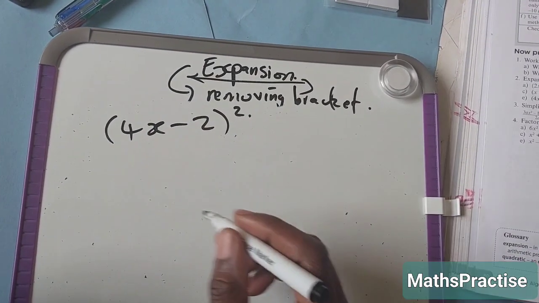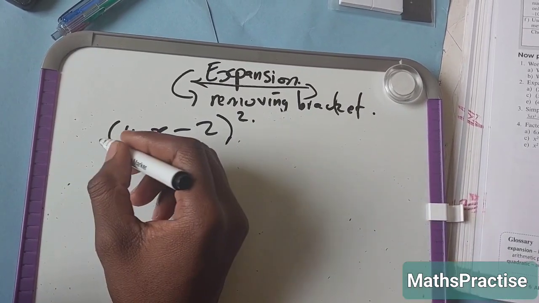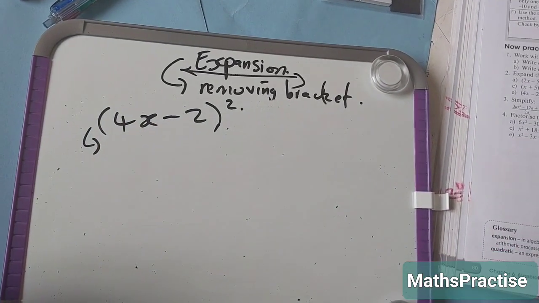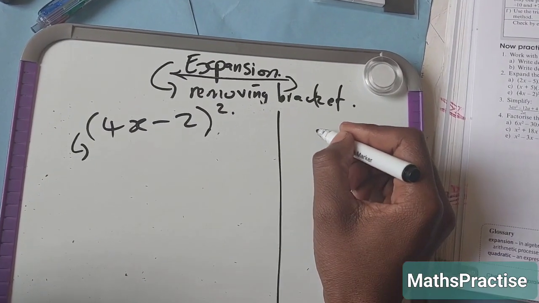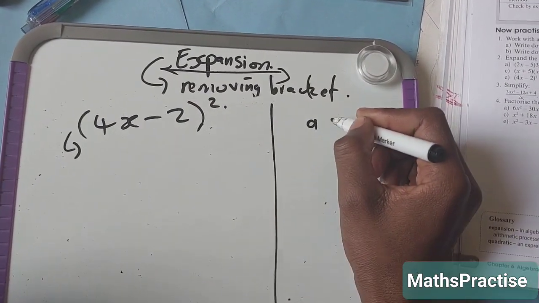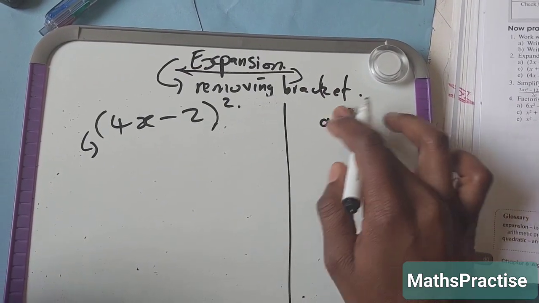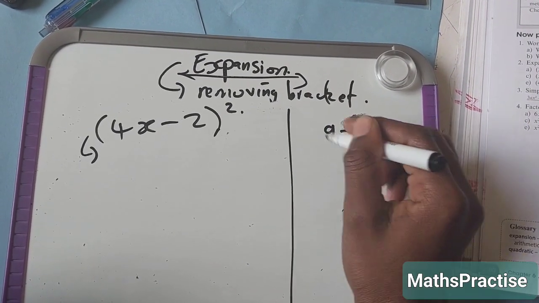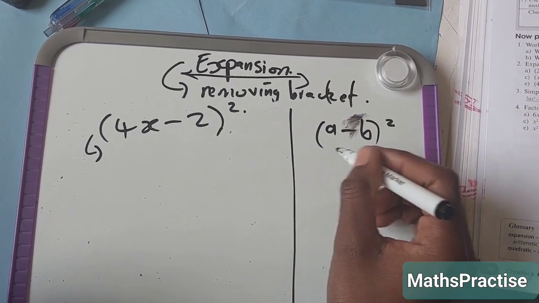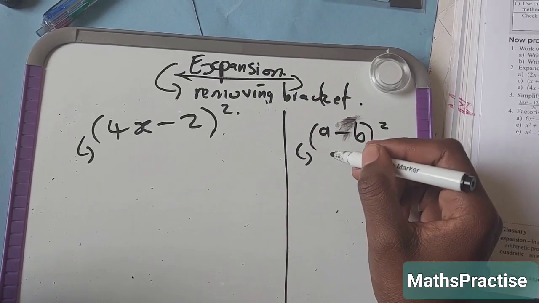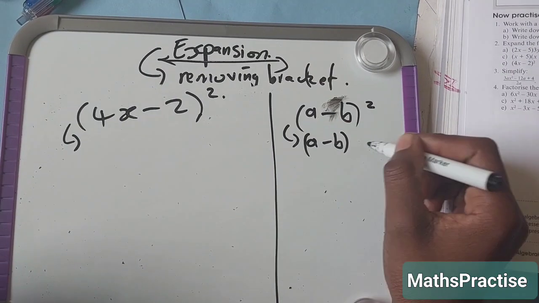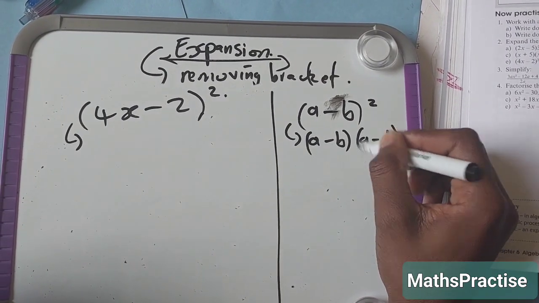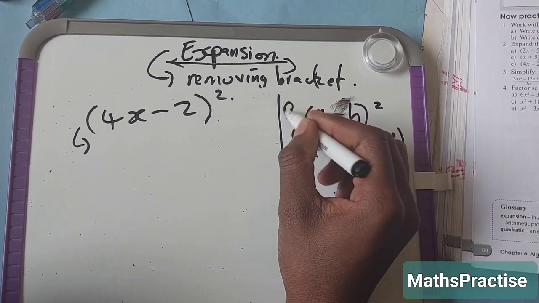This is what you have to know when you encounter a problem like this. If you have a minus b squared, when it comes to simplifying it, it becomes a minus b bracket a minus b.